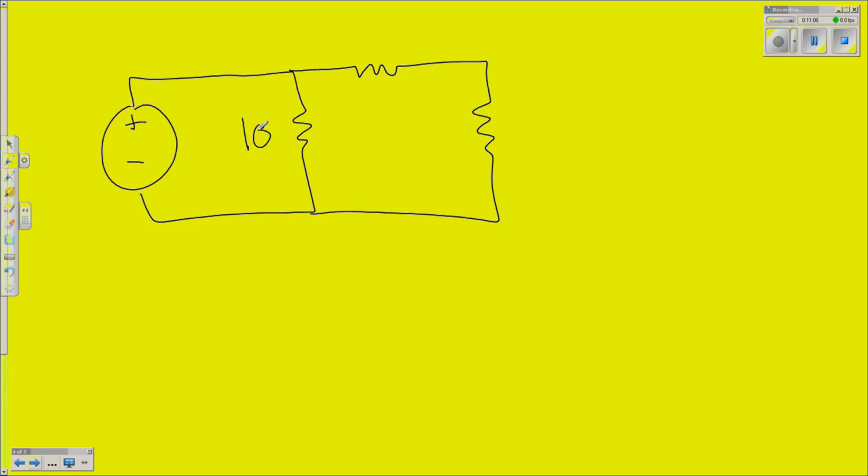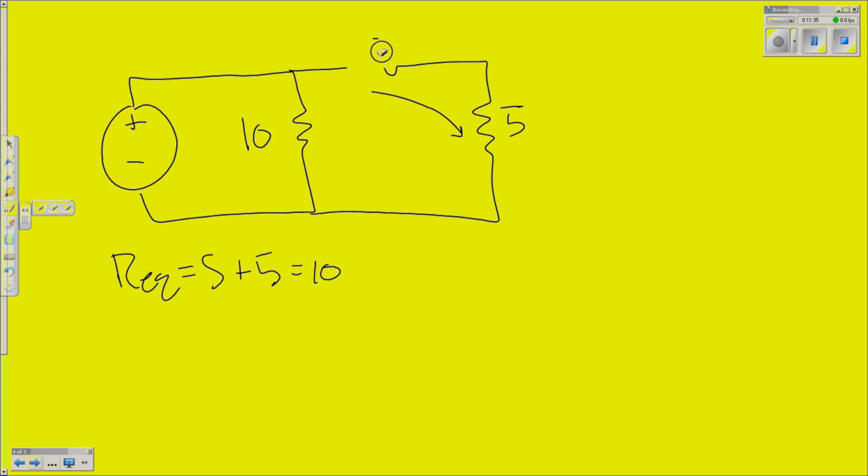So here we've got 10, let's say 5 here and 5 there. So straight off, we know we've got 2 in series, the 5 and the 5. So we can say this branch's equivalent resistance is just going to be 5 plus 5 equals 10.